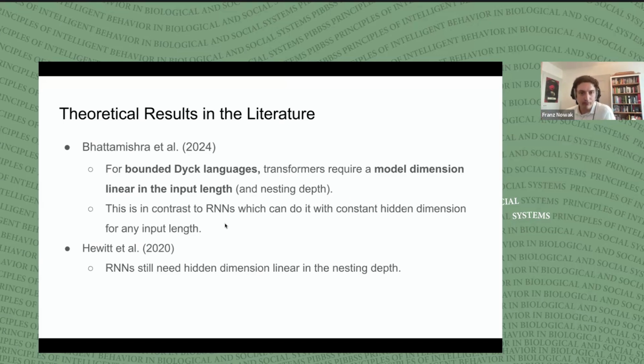And this is in contrast to RNNs, where for the same nesting depth, you can have one RNN with a finite constant hidden dimension that works on any input length. So there's a difference in architectures that allows for this. However, it was also shown that if you want more nesting depth, then RNNs again need to grow linearly as well in the nesting depth.